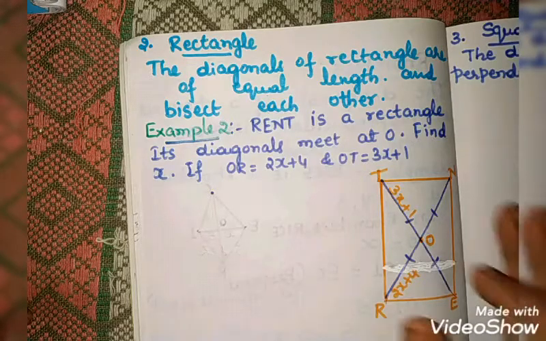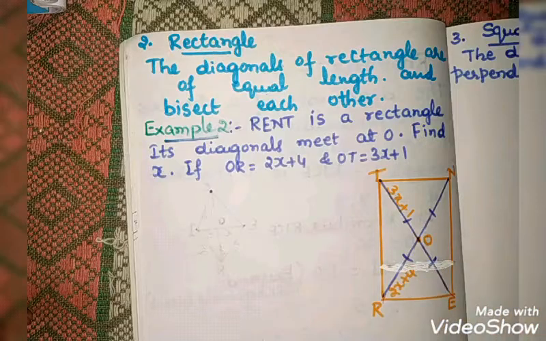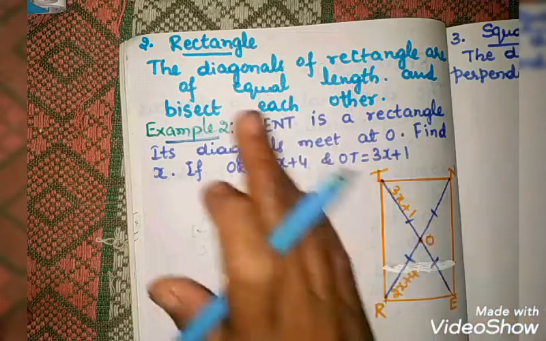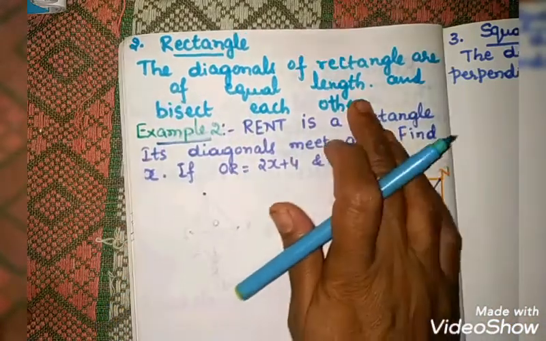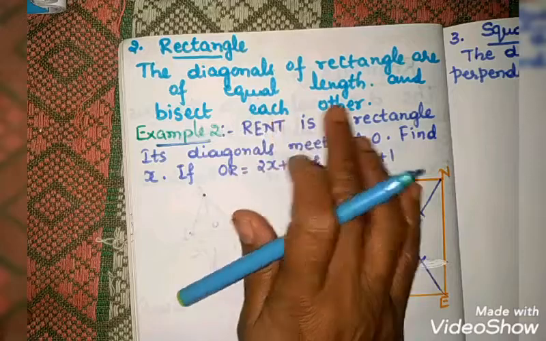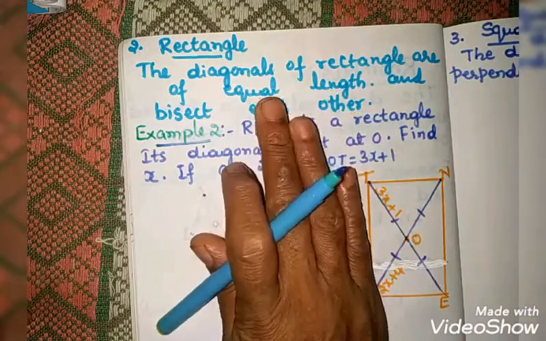The diagonals of a rectangle, what is the property, children? It contains all the properties of a parallelogram. Along with that, one more property is there. The diagonals of a rectangle are of equal length and bisect each other. The diagonals of a rectangle are of equal length, children.